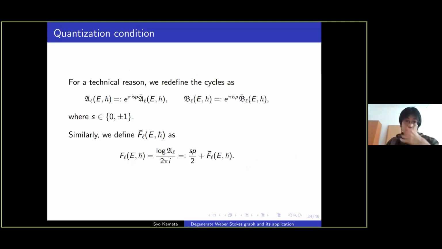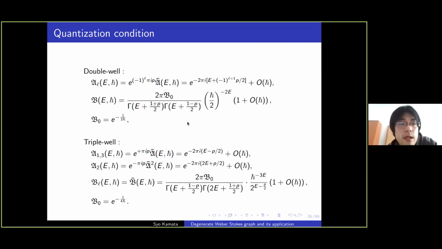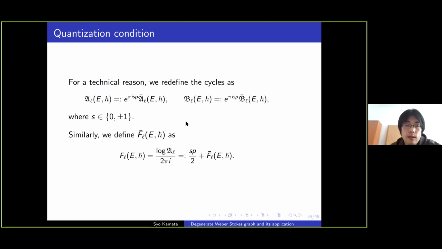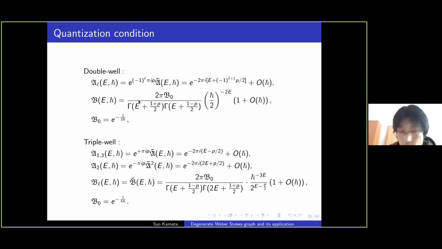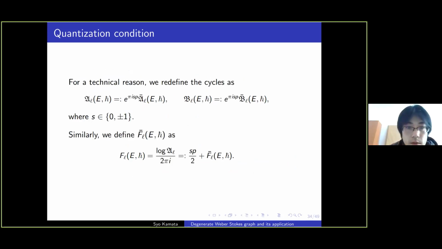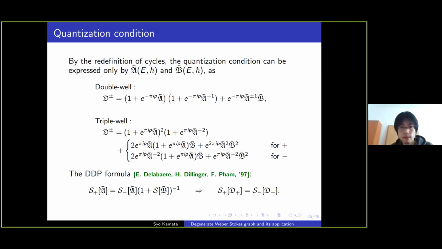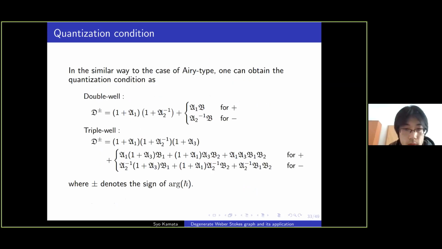Okay, so for some technical reason, let us redefine this A cycle and B cycle in this form.